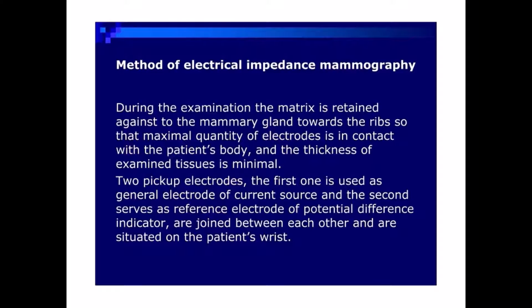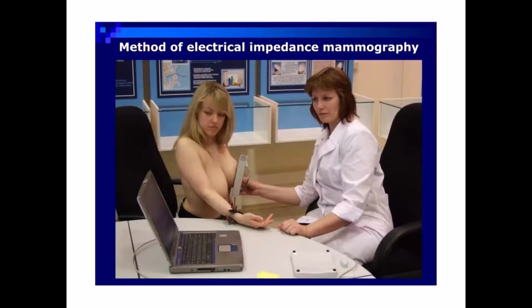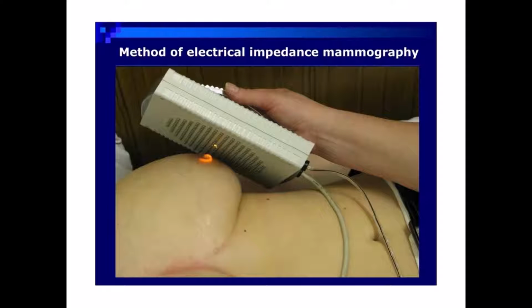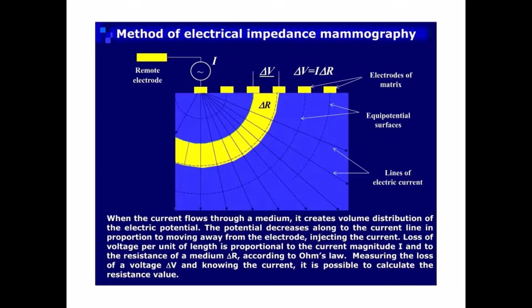They are joined to each other and are situated on the patient's wrist. Remote electrode. Electrodes of matrix. Equipotential surfaces. Lines of electric current.